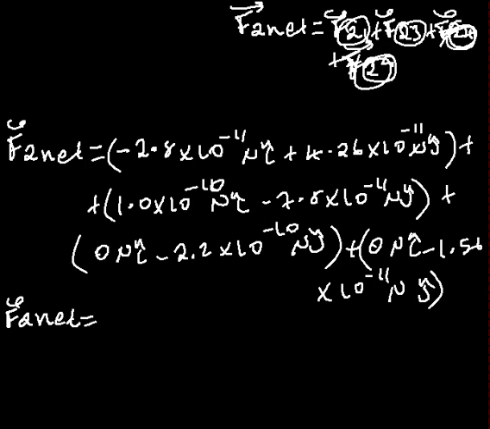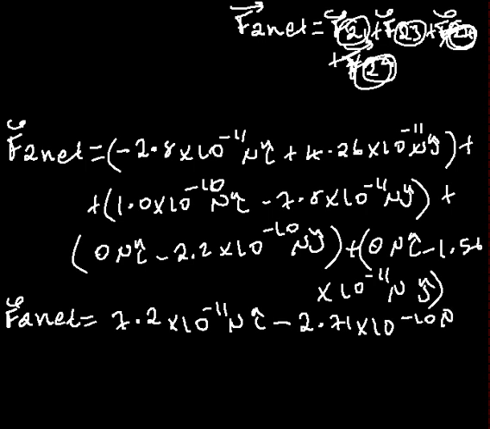If we combine the x components, that will be positive 7.2 times 10 to the power negative 11 newtons along x. And how about the y components? If we combine the y components, we have 2.71 times 10 to the power negative 10 newtons along y.